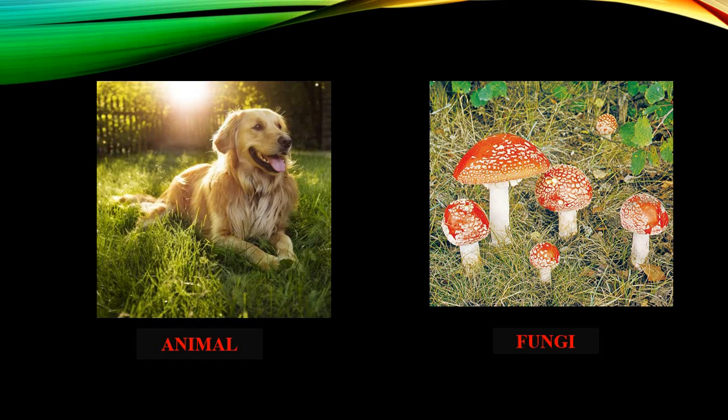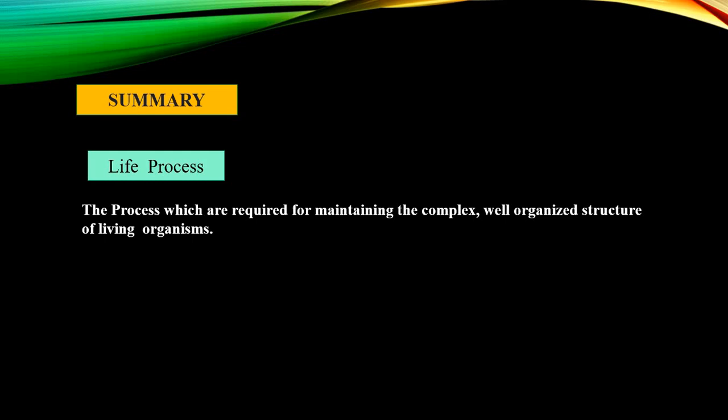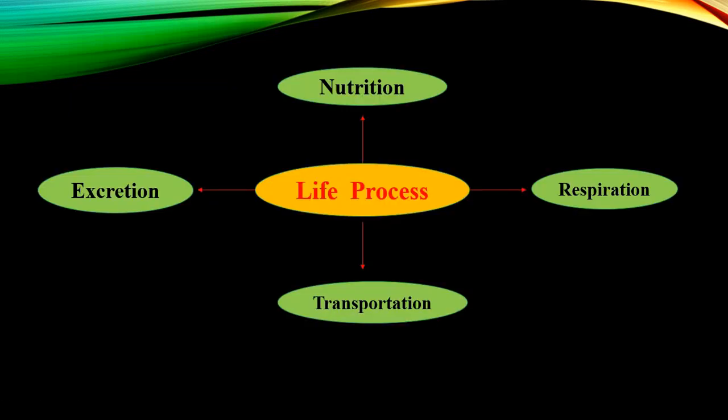So students, with this we end this lecture. To summarize, the processes which are required for maintaining the complex well-organized structure of living organisms are called life processes. They are majorly divided into 4 sub-processes: nutrition, respiration, transportation and excretion.